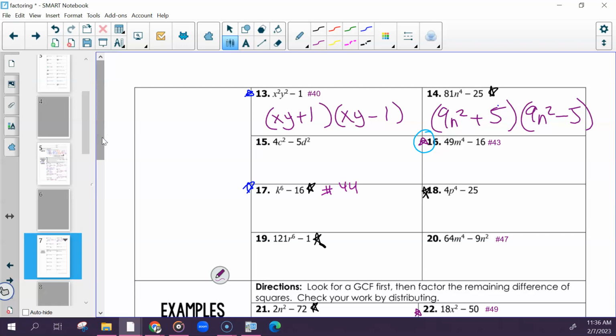Write this in your open space. Let's say this problem instead said 81n to the 4th minus 625. We know the first part would be 9n squared. What times what gives us 625? And if you're not sure, my calculator's not open.